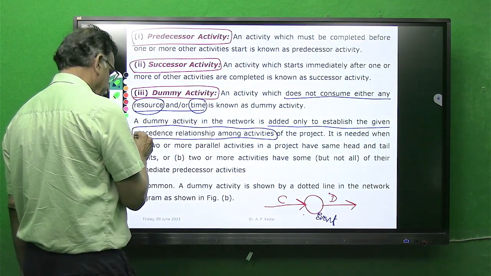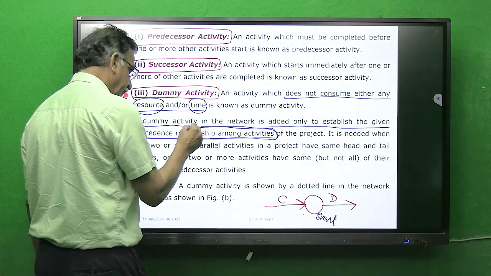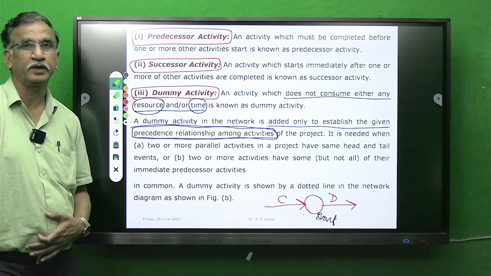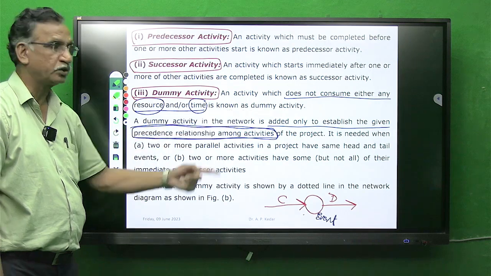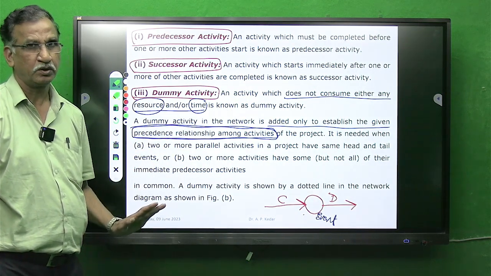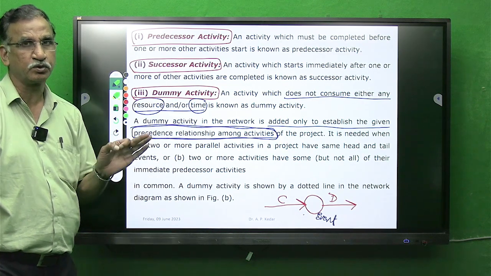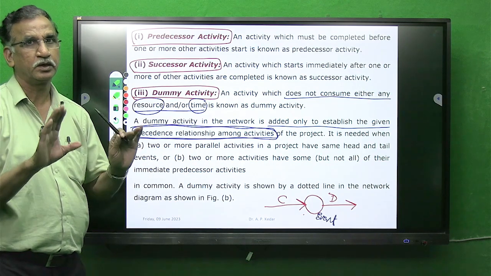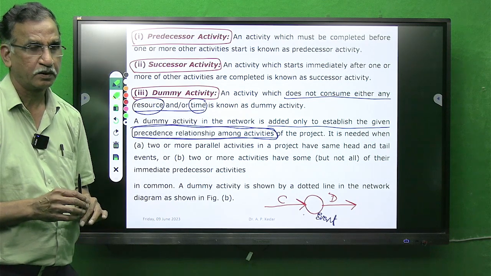This I am repeatedly iterating. The significance of a dummy activity in network models is only to satisfy the given precedence relationship. That's all. So time consumption for a dummy activity is 0, resource consumption for a dummy activity is 0 because it does not exist. Let's move ahead.